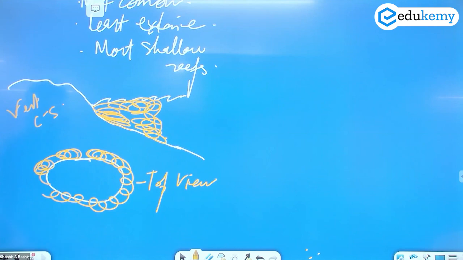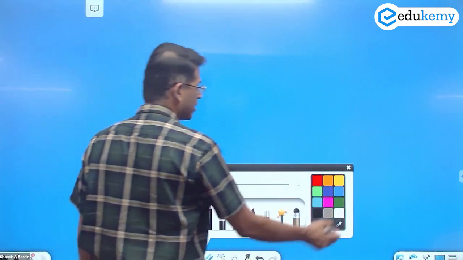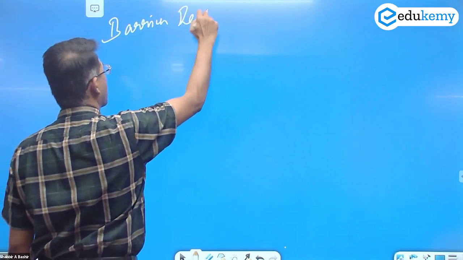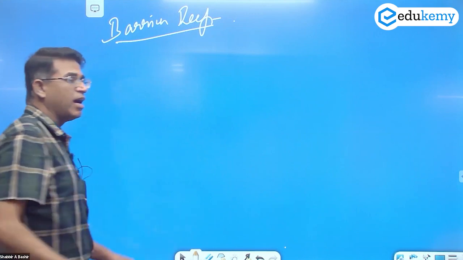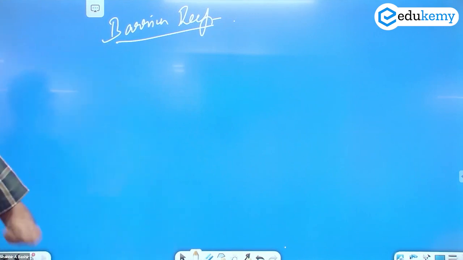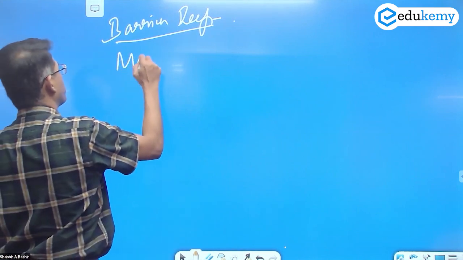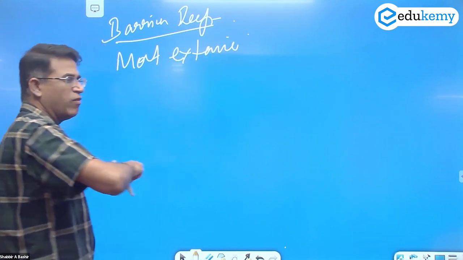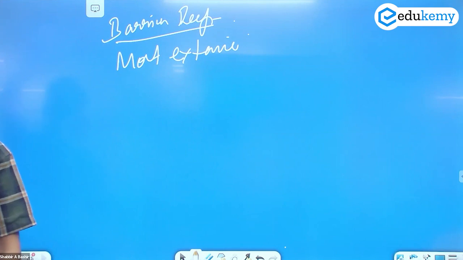Okay. Now you come towards the barrier reefs. These are one of the most extensive systems. They are over hundreds of miles. Most extensive.